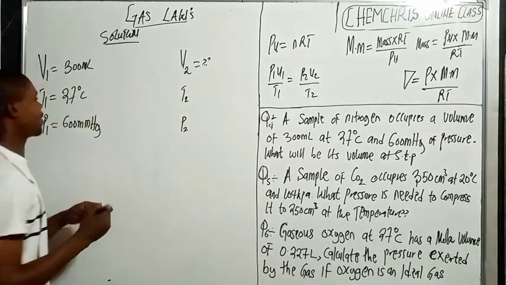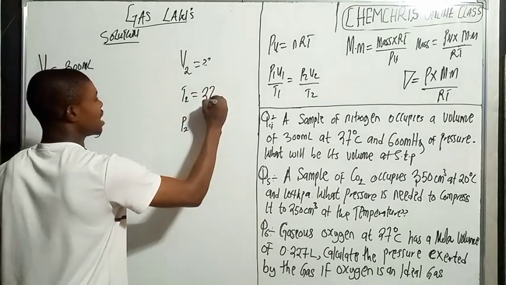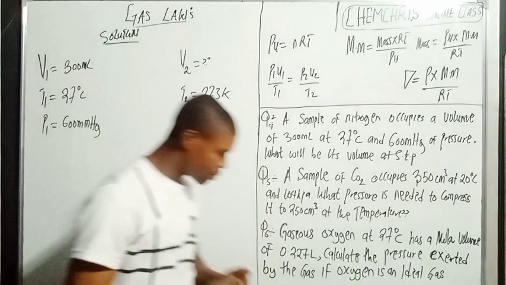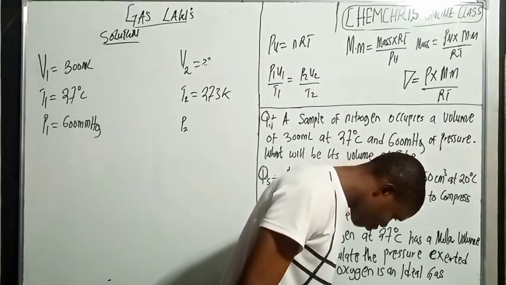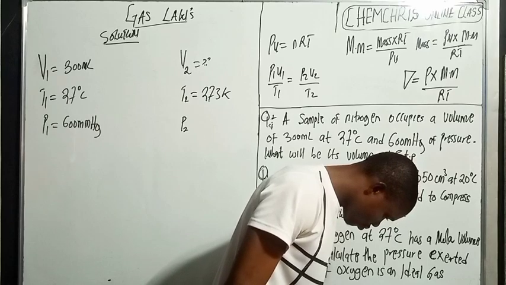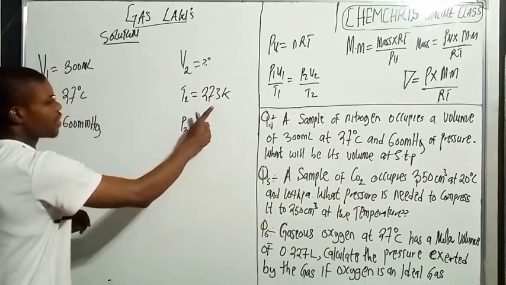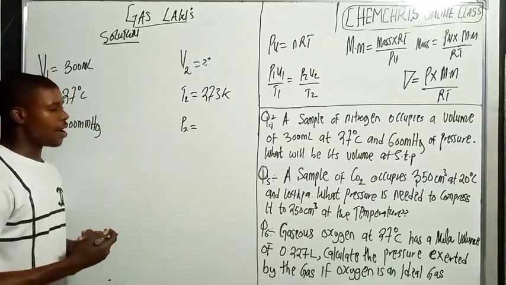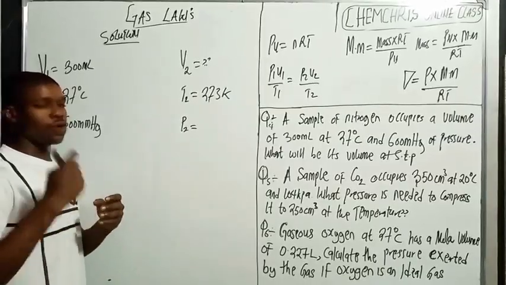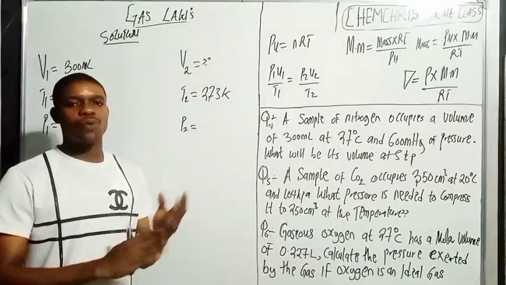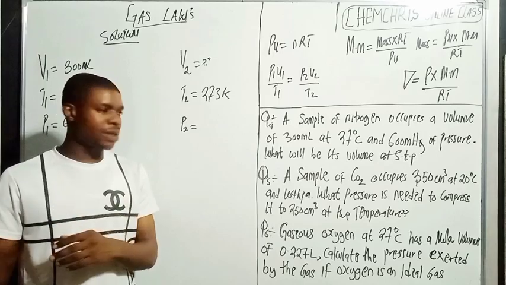So at STP, T2 is 273 Kelvin. Then P2, at standard pressure, is 1 atm, which equals 760 millimeter mercury.